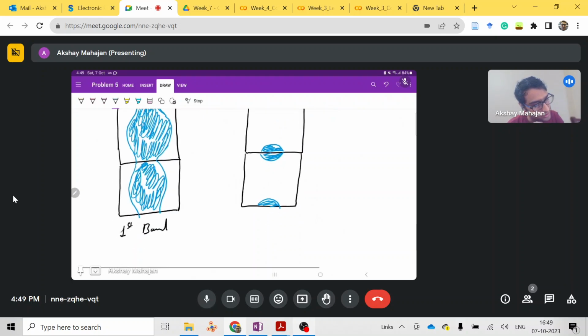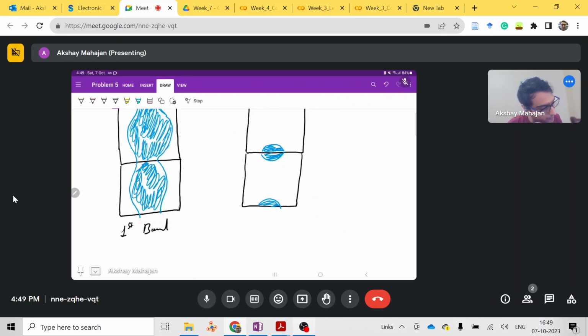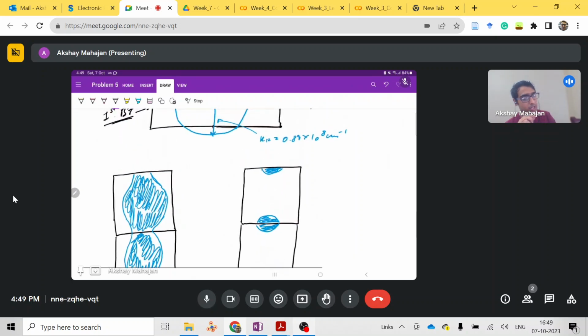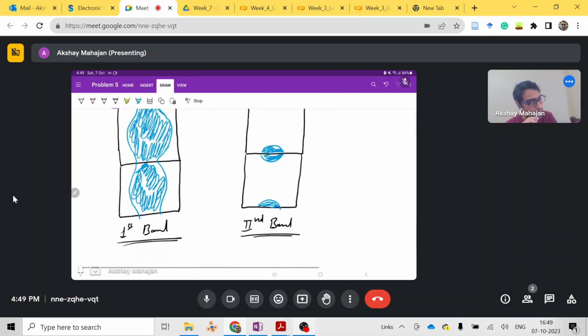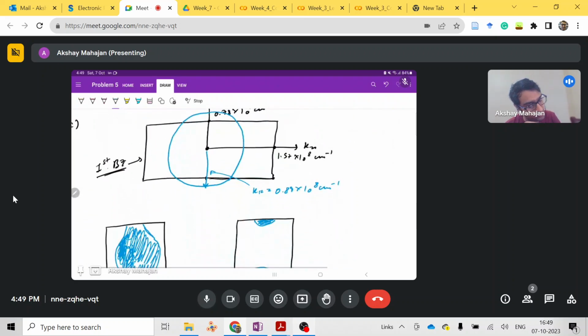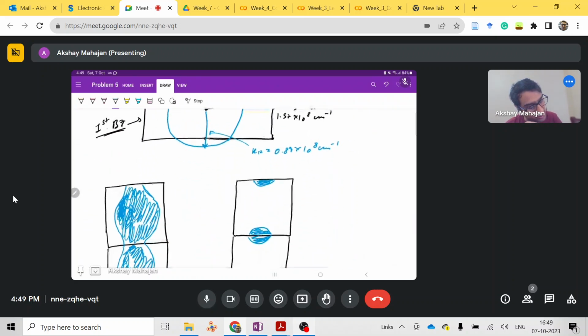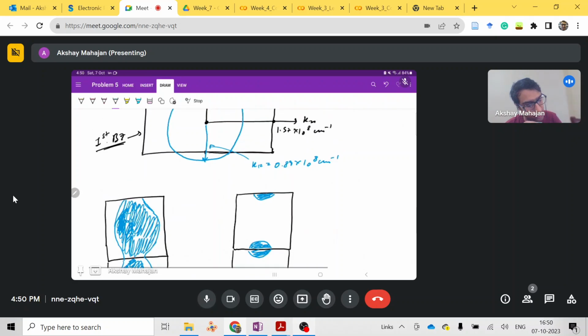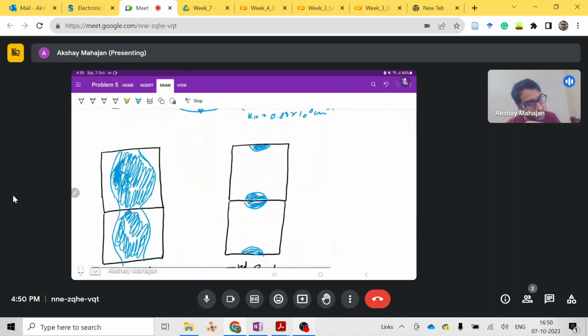So this is your first band, and this will be given by our second band. If you remember, this would have been a complete circle if I had not assumed any gap, but since I am assuming a gap, it will go something like this.